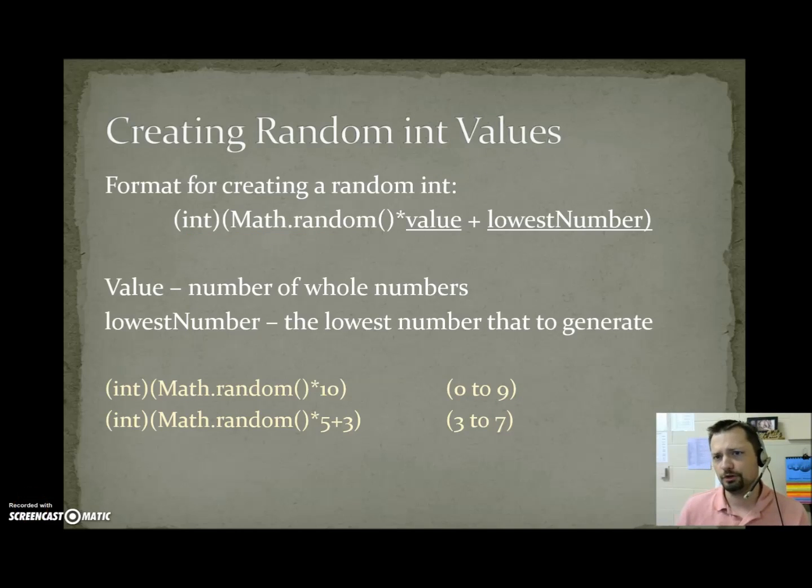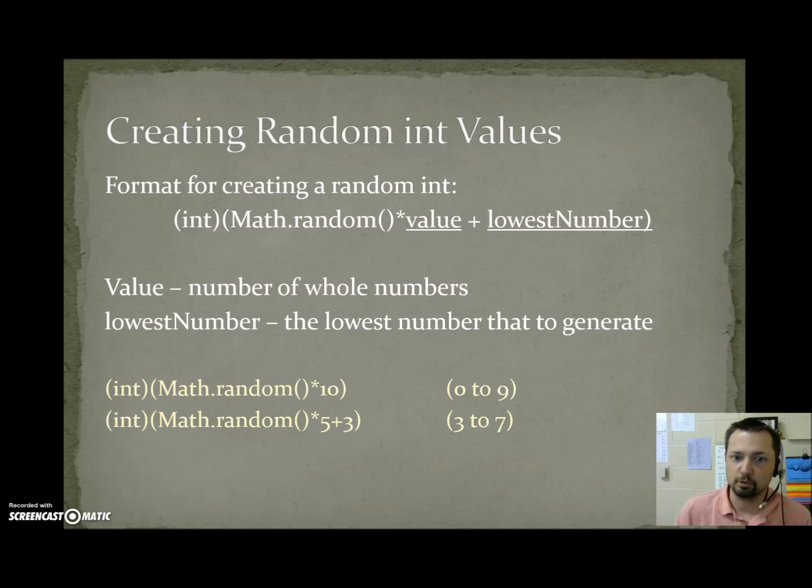All right, new slide. Creating random int values. Format for creating a random int value: it's the same as creating a random double, except now you notice the whole thing is in parentheses, and then we cast that result to an int. We'll be truncating it, or throwing away the decimal places. Value is the number of whole numbers you'll get.